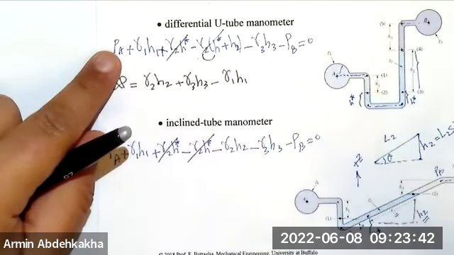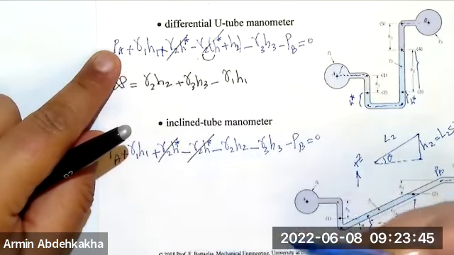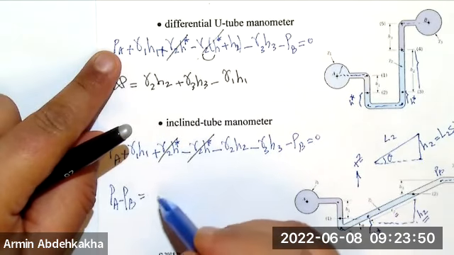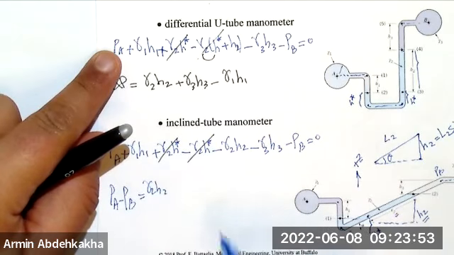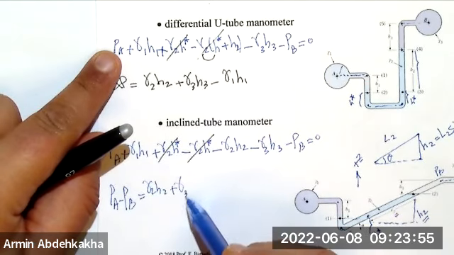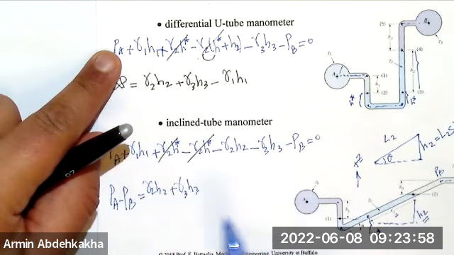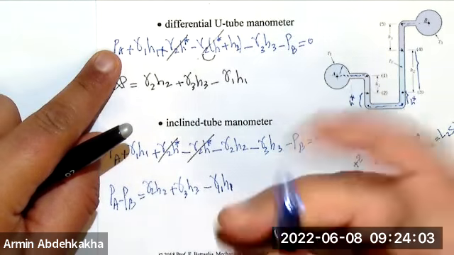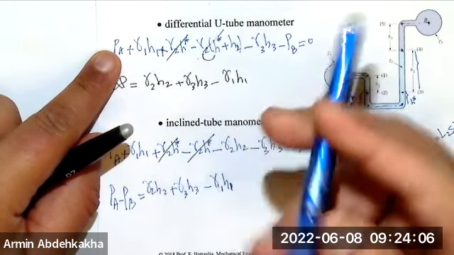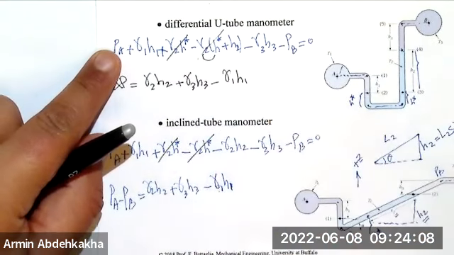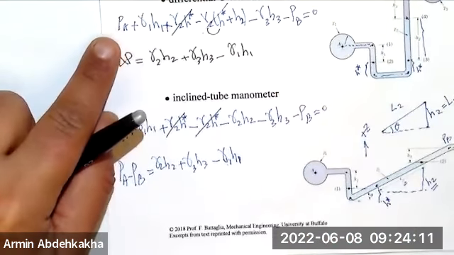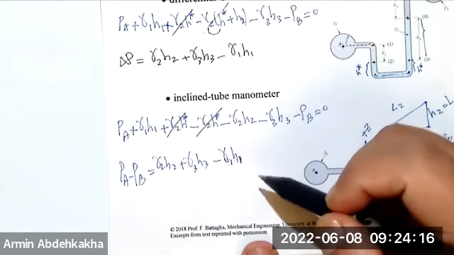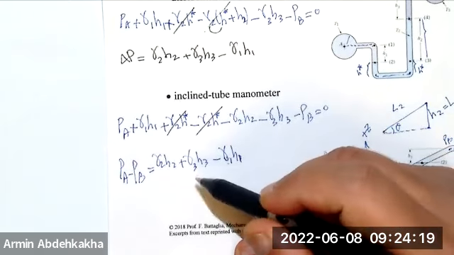Yeah, and we cancel out these two right now, and let's say the pressure difference PA minus PB is gamma 2 H2 plus gamma 3 H3 minus gamma 1 H1. I wrote it again in the notes that I uploaded right now.